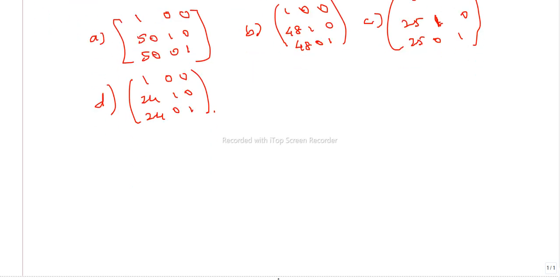So what is the characteristic polynomial? P of x is the determinant of A minus lambda I. This is the determinant of A where we subtract lambda on the diagonal.